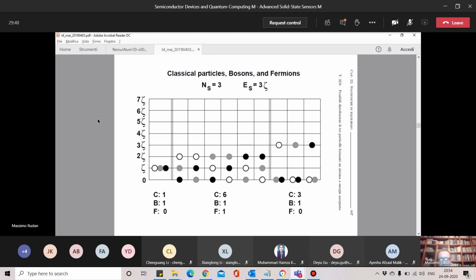So if you consider that the particles continuously interact with each other, they change the configuration from one to another continuously, okay? So they are not fixed in any of these configurations.